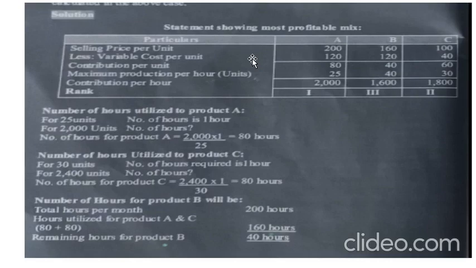Now we have found the number of units per hour. We have the contribution per unit, which is 80, and the maximum production per hour, 25.